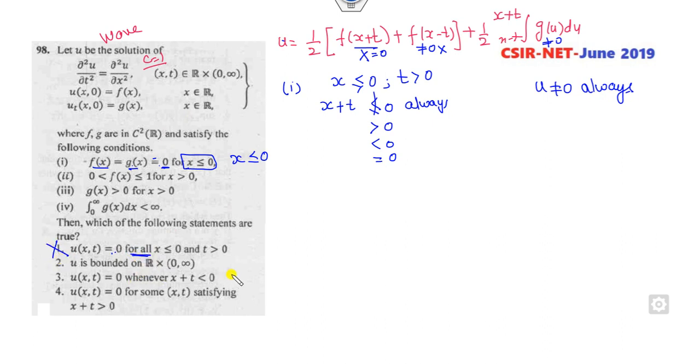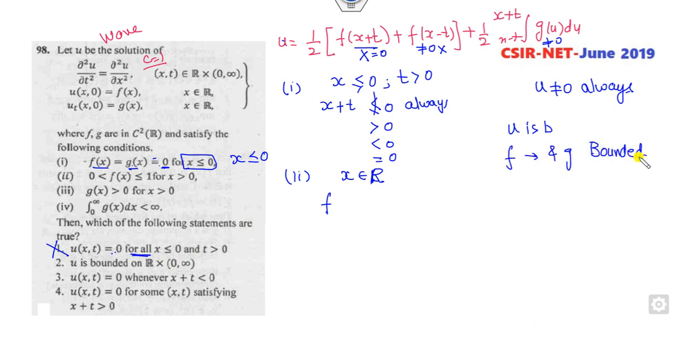Fine. Look at the second option. He said u is a bounded function whenever x belongs to the R and t is my 0 to infinity. So how you can think about that? Whenever x belongs to R, in order to prove u is bounded, I have to prove f and g both are bounded.